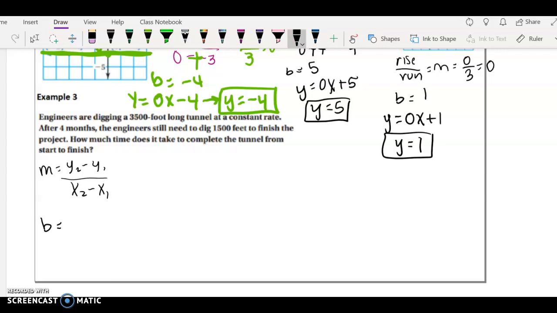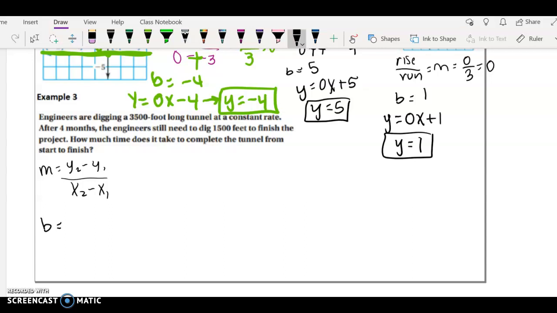It looks like they didn't give us any points to use, however they did. So it says the engineers are digging a 3,500 foot tunnel. So that's what they started with. At 0 time, at 0 months, so at the very beginning, they have to dig that 3,500 feet.